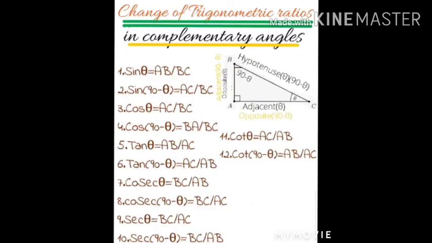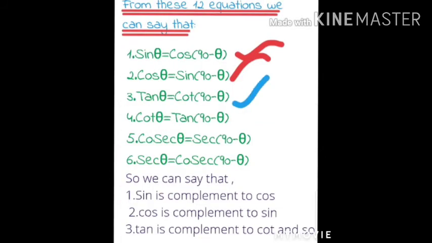Next, tan theta is equal to AB by AC, and cot 90 minus theta is also equal to AB by AC. So tan theta is equal to cot 90 minus theta.